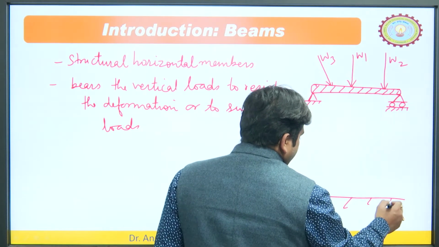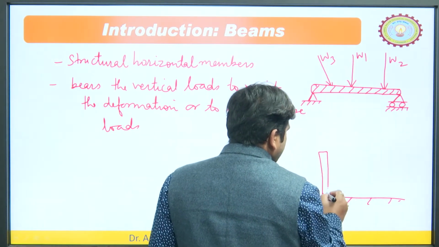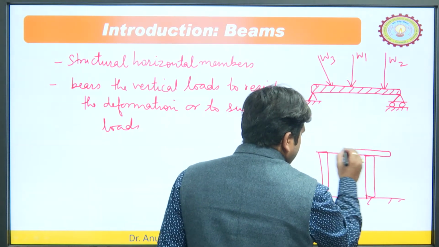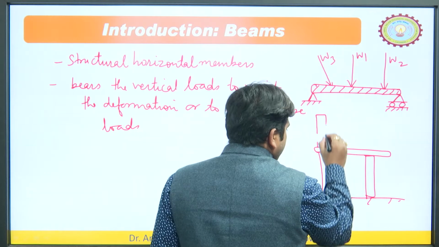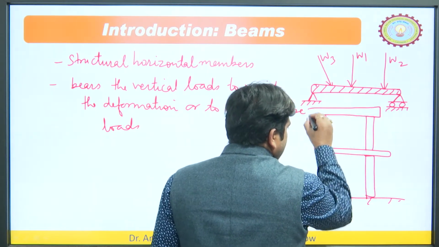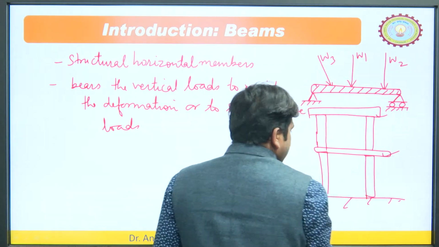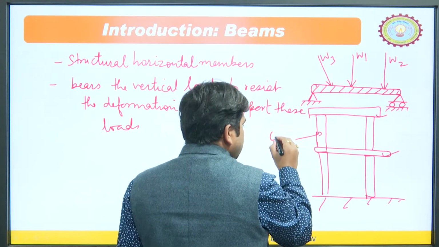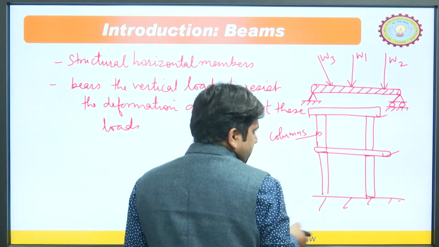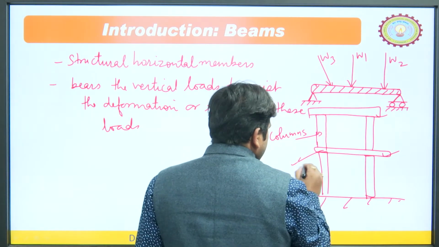So, let us say this is the foundation, then there may be vertical members like this, and then they draw the horizontal beams, then again a vertical member, then the horizontal beams. These horizontal members are known as the beams, and the vertical members are known as the columns. The columns are beyond the scope of this subject, and this is the beam.